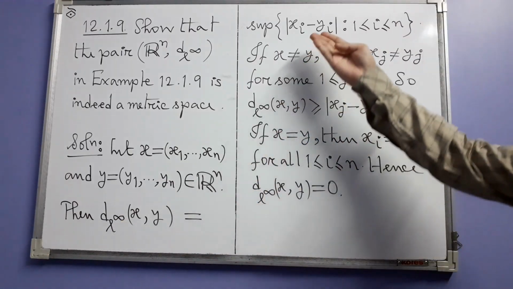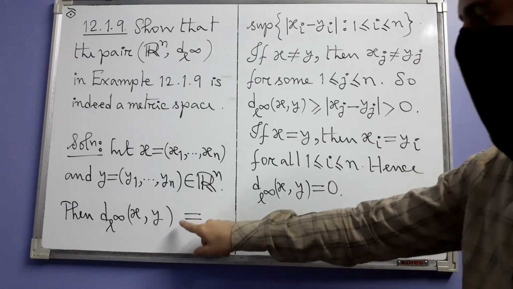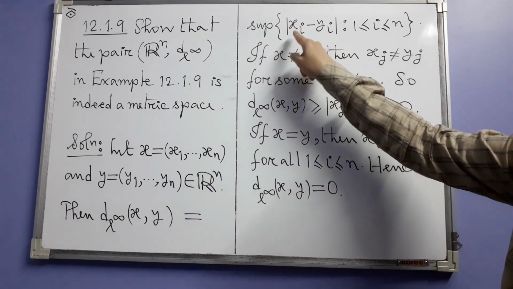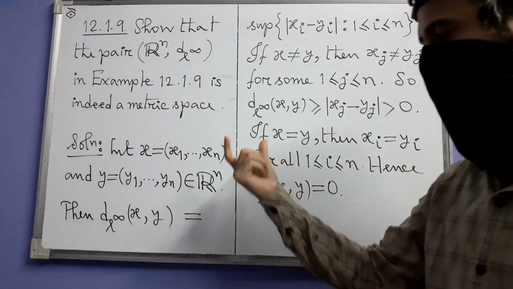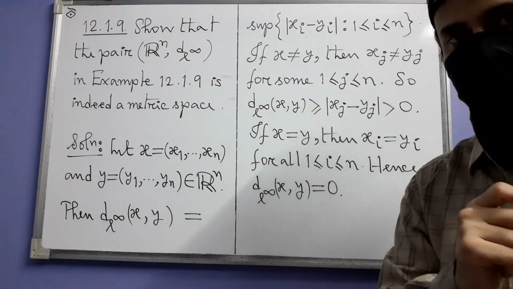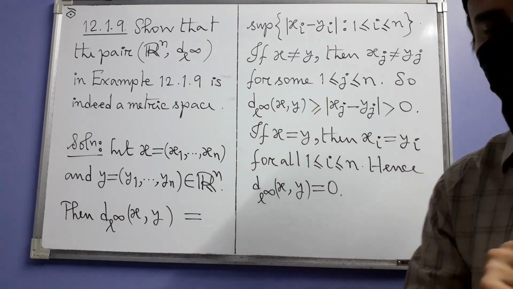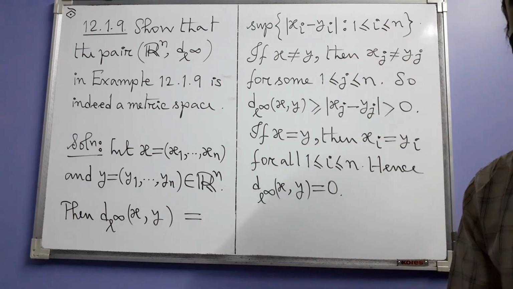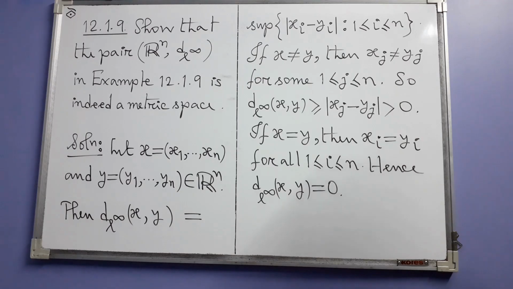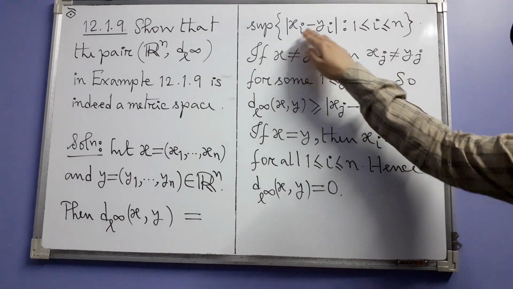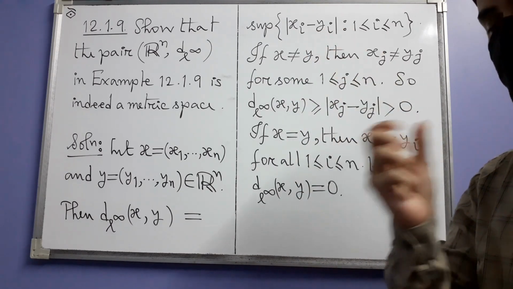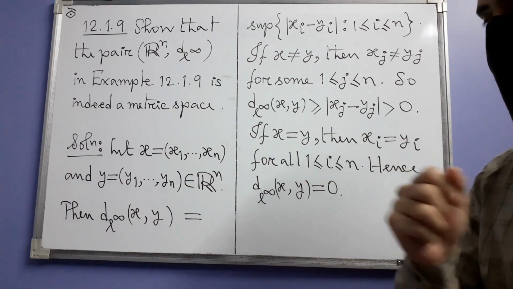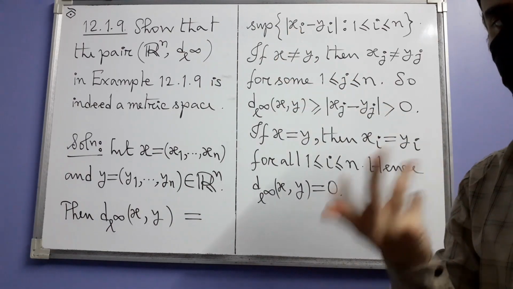Its definition is this: it is the supremum of absolute values of the corresponding coordinate differences xi minus yi as i varies over this range. Because there are only finitely many elements involved in this set, the supremum actually is just the maximum.